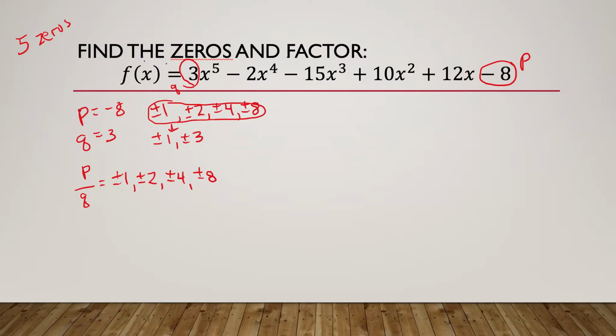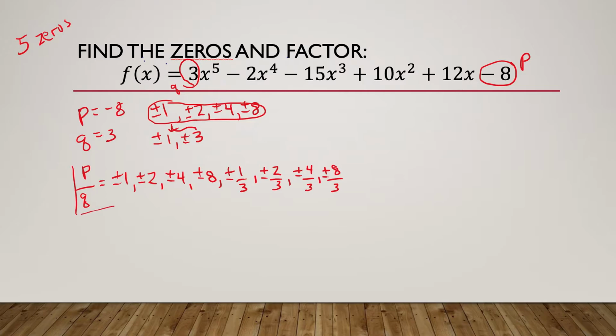And then I'm going to take my numbers and put them over 3. So I have 1/3, 2 over 3, which would be 2/3, 4 over 3 would be 4/3, and 8 over 3 would be 8/3.